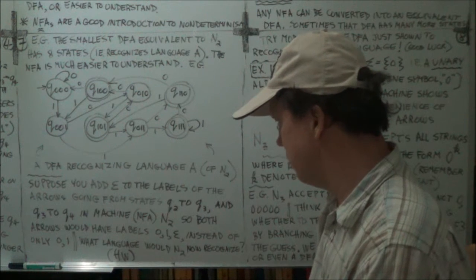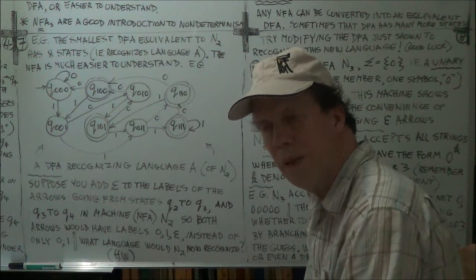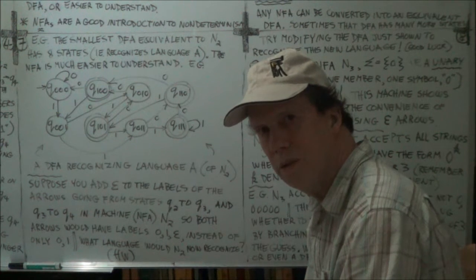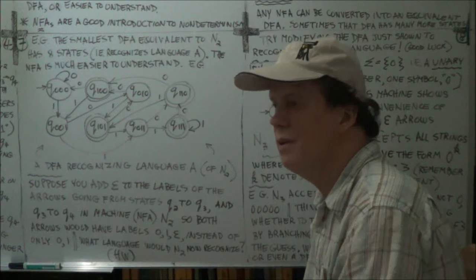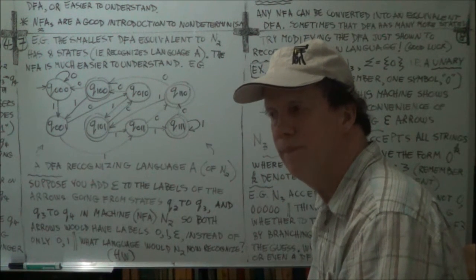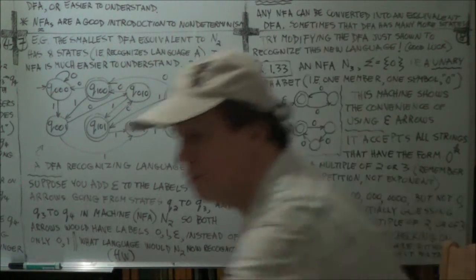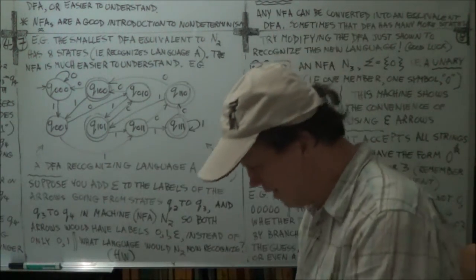Okay, so here now's a bit of homework for you, to get you working on NFAs. When we come to the end of the chapter and start on the problem solving, there are, let me check again, I think 60-something questions.